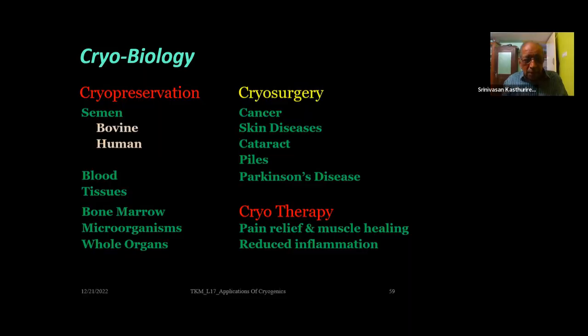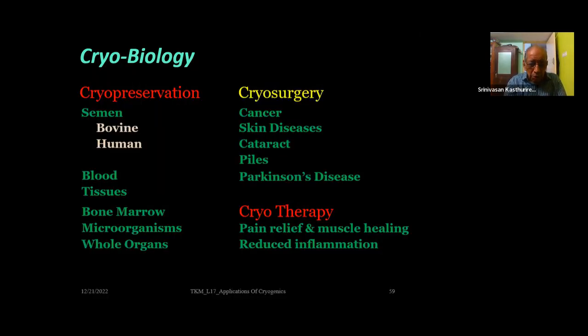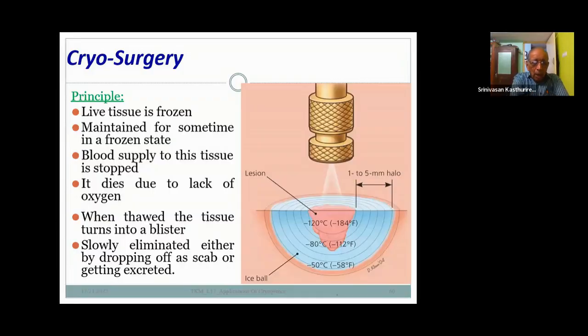Okay, we come to the next, the other types of preservation, for example blood, tissue, bone marrow, and other things. Let's try to consider that. After this is over, we can talk of cryosurgery. In cryosurgery, what is normally done is the live tissue is first frozen.